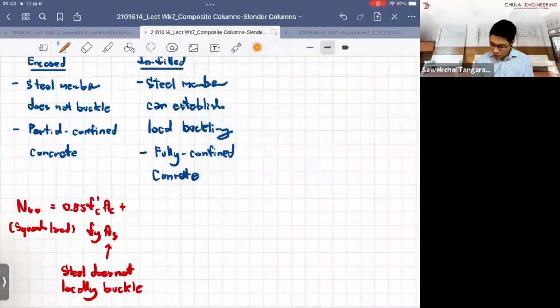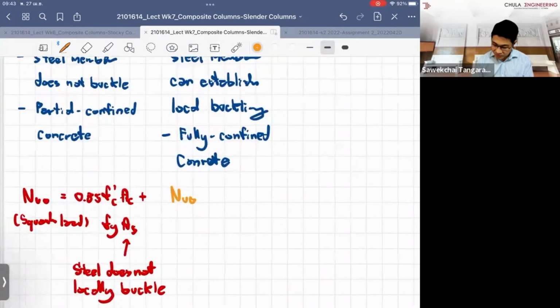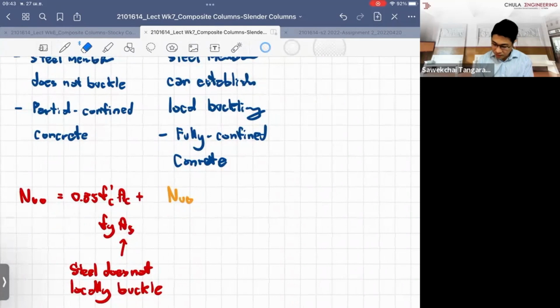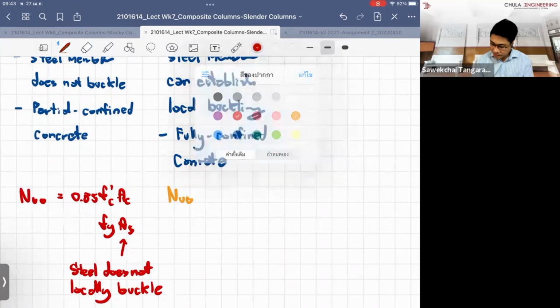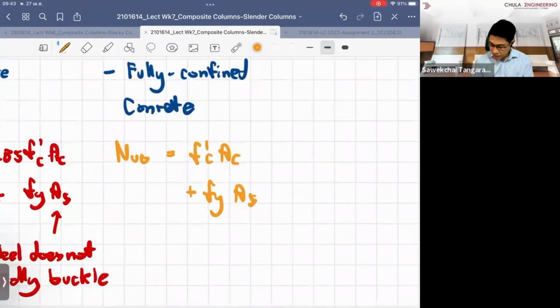But if we look at the other side, the N_uo, we can take the full capacity of the concrete, but for the As we have to check local buckling.